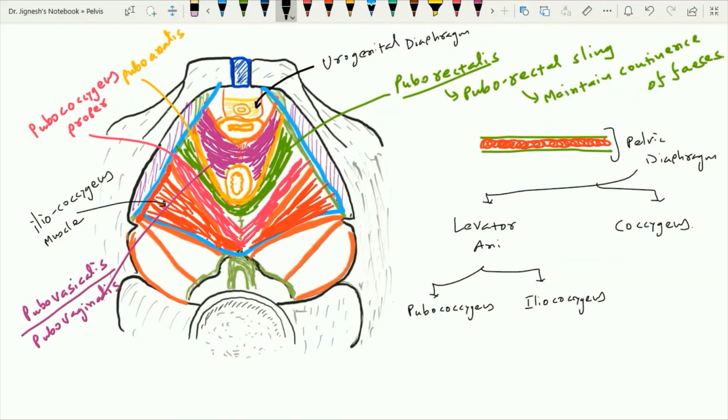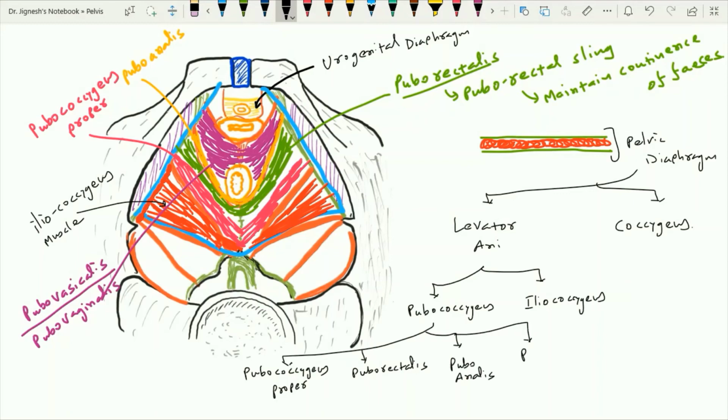So we can say the pubococcygeus muscle has four parts: the pubococcygeus proper, the puborectalis, the puboanalis, and the fourth part, the pubovaginalis in the female or pubovesicalis in the male.